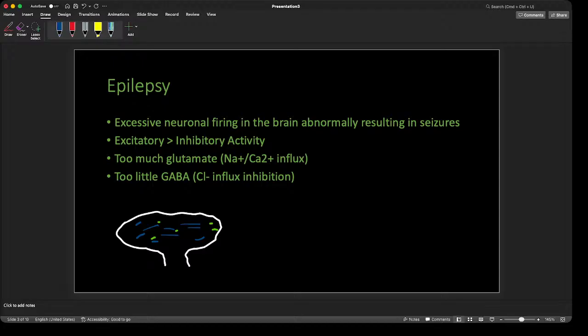And then there's too little GABA. GABA, which is another type of neurotransmitter, actually inhibits the excitatory process in the brain. So that's actually to balance it out.